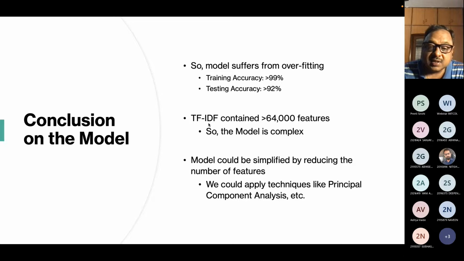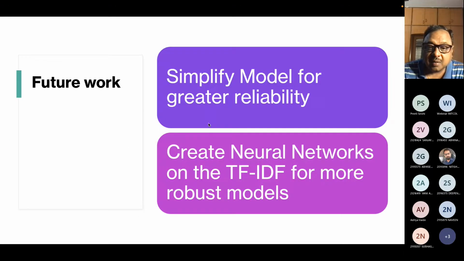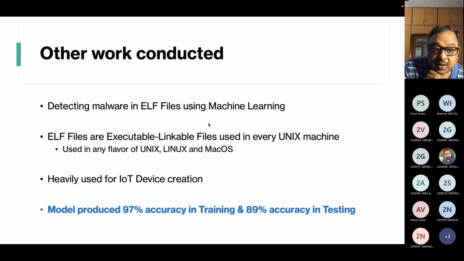So we will apply that. Next, we have to simplify the model to make it more reliable. And since this technique works, we can apply higher predictive analytics, including things like neural networks, so that we get a much more reliable model.